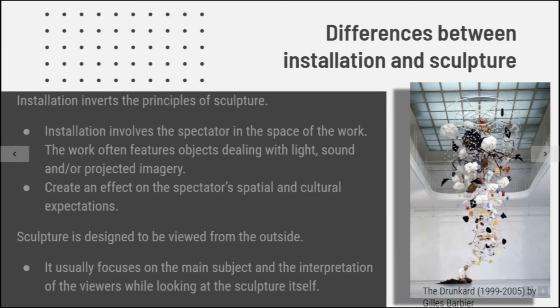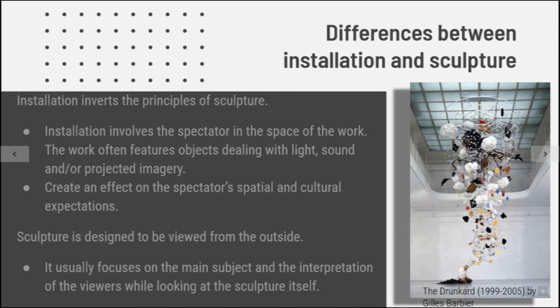Okay, now talking about the differences between installation and sculpture, installation inverts the principles of sculpture, meaning that installation involves the spectator in the space of the artwork. The work often features objects dealing with light, sound, and/or projected imagery, while the sculpture is designed only to be viewed from the outside.